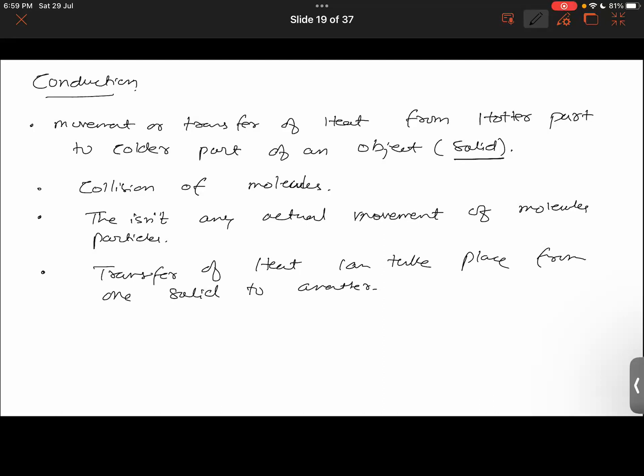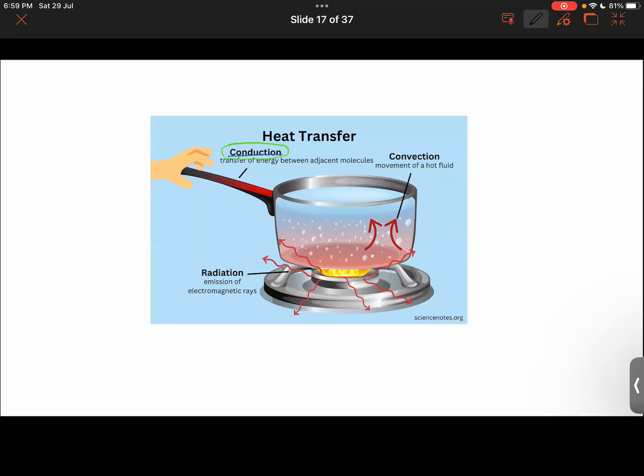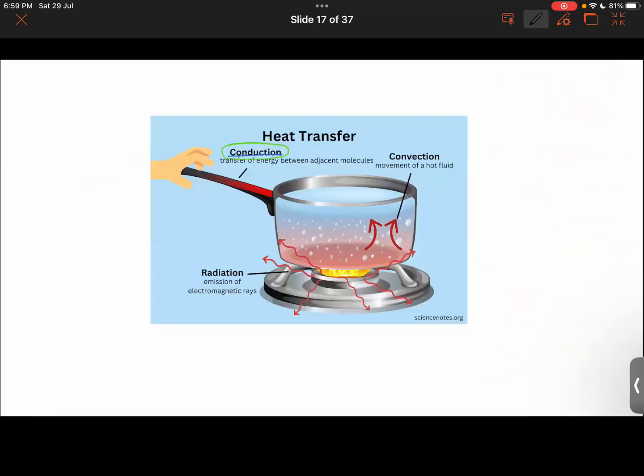Basically this is how the transfer of heat takes place in solid objects. So we can conclude that this conduction method is specifically for solid mediums only, right? Now let's have a look at some of the types of objects that conduct heat.